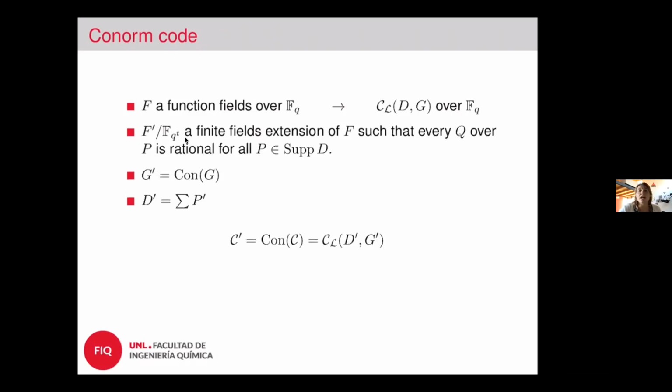And we choose an extension F prime such that all the places above the places in the support of D are rational.